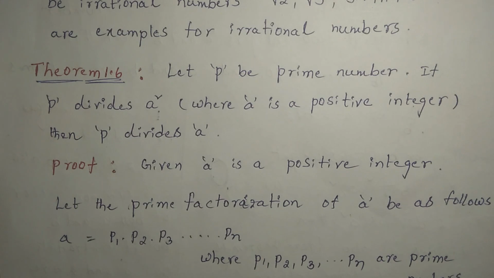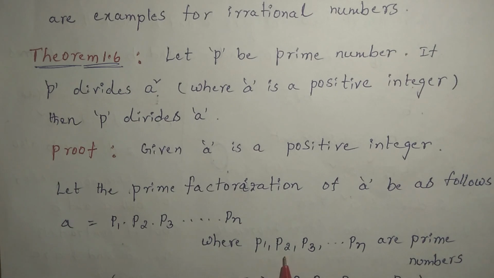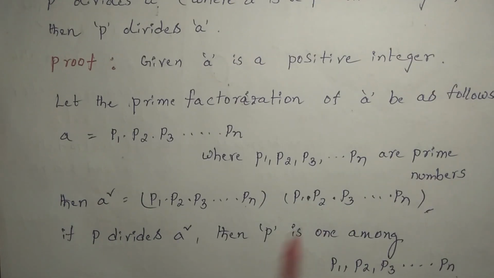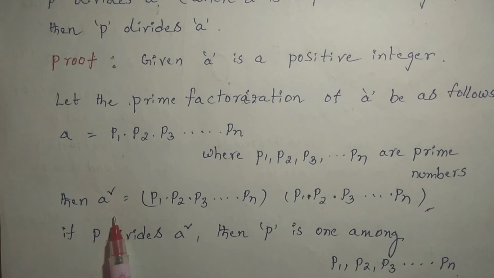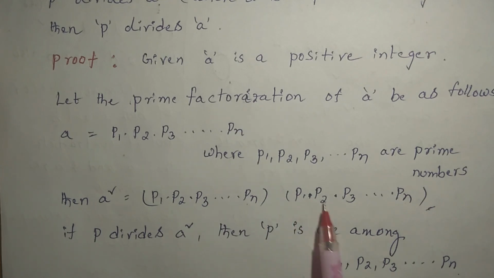Fundamental theorem of arithmetic. So then we can write a equals p1, p2, p3 up to pn, where p1, p2, p3 up to pn are prime numbers.